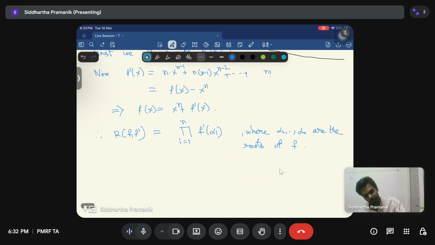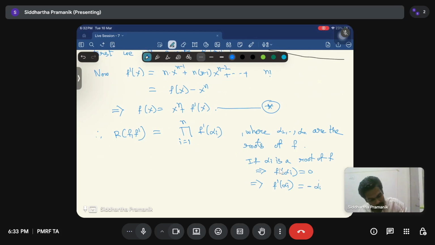Note that if alpha I is a root of f, then f of alpha I is 0. Now let's use this equation. It implies f dash of alpha I is minus alpha I power n. So this product is the product of minus alpha I power n, with I running from 1 to n.